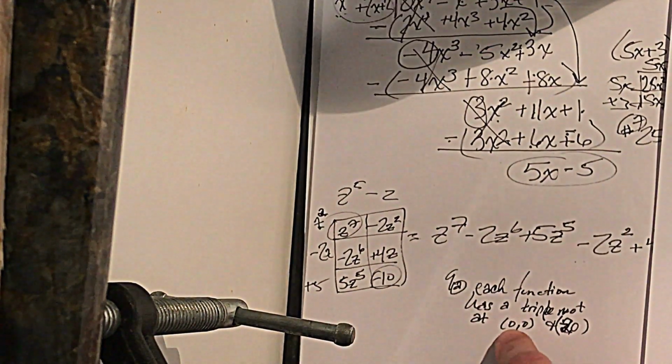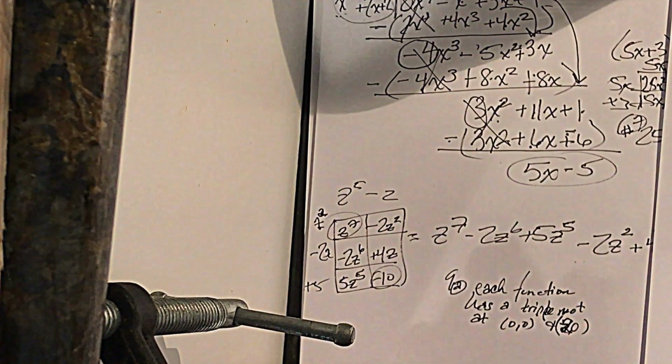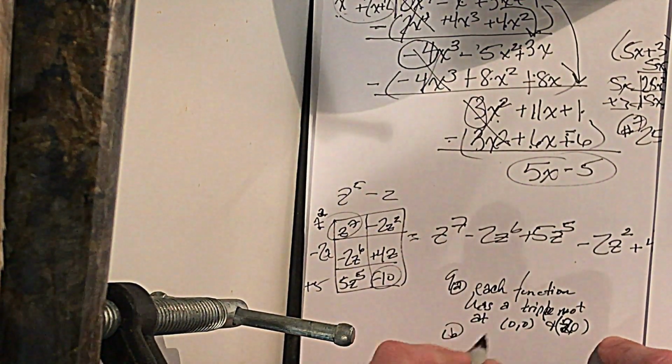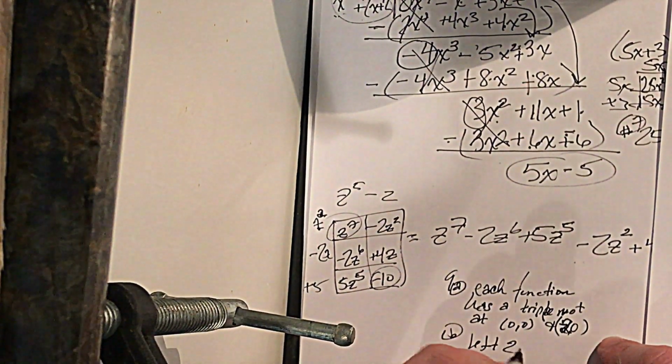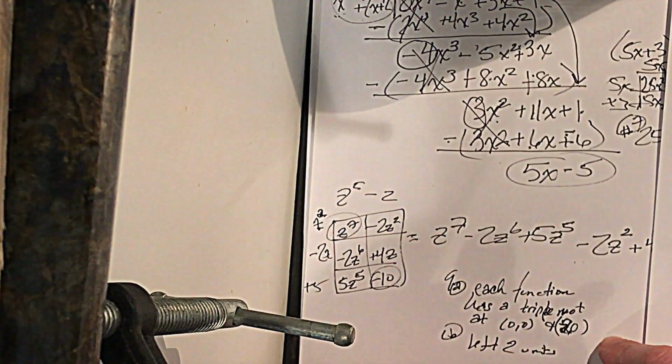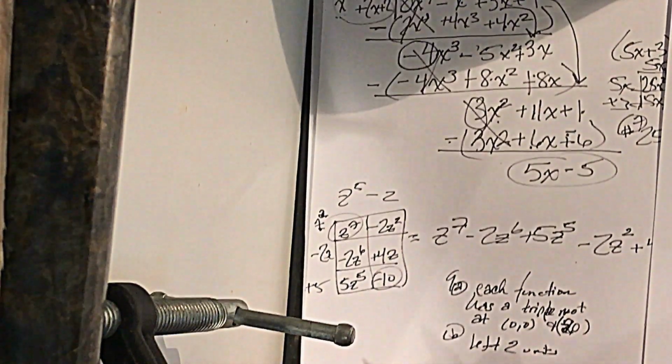There we go. At 0, 0, and negative 2, comma 0. Part B, the transformation was just left 2 units. And part C, the interval where the function is increasing.